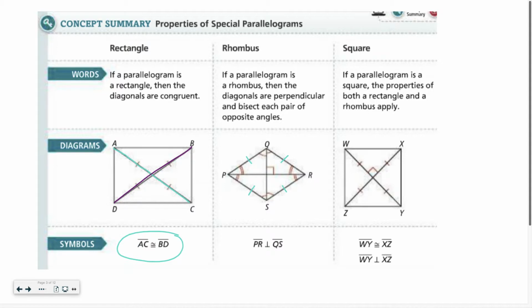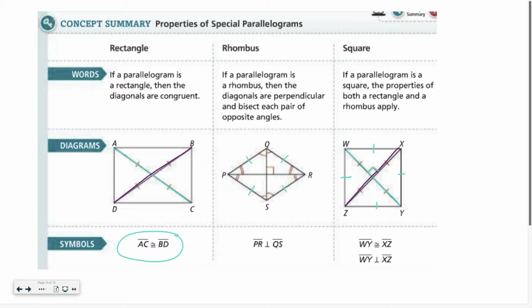So then a square also has four congruent sides, and its diagonals are congruent. So the diagonals are congruent, and those diagonals meet at 90-degree angles. Okay? So that's how you know something is a square.